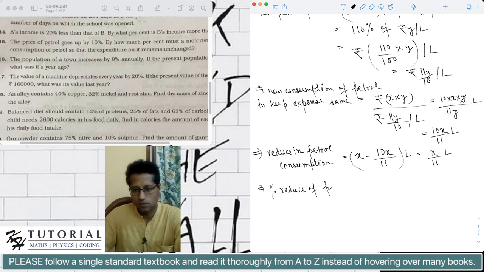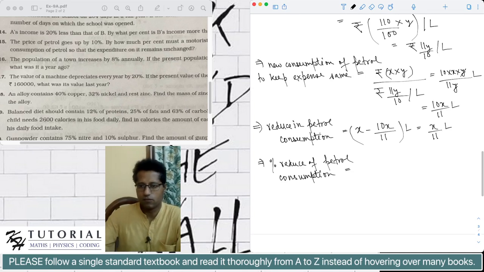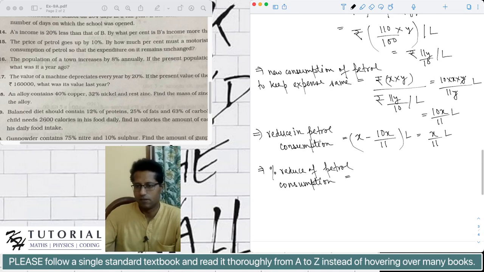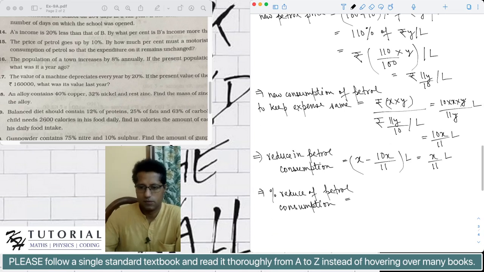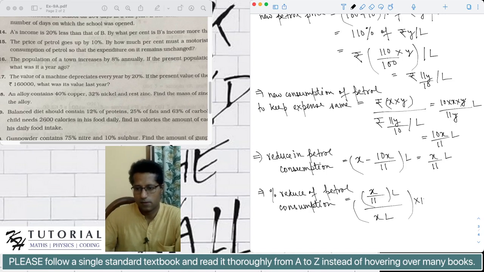So the question is, this implies percentage reduce of petrol consumption will be equal to the reduce in petrol consumption, x by 11 liter, and the earlier consumption was x liter. So we have to find what is the percentage of x by 11 liter based on x liter, which will be x by 11 liter divided by x liter multiplied by 100.